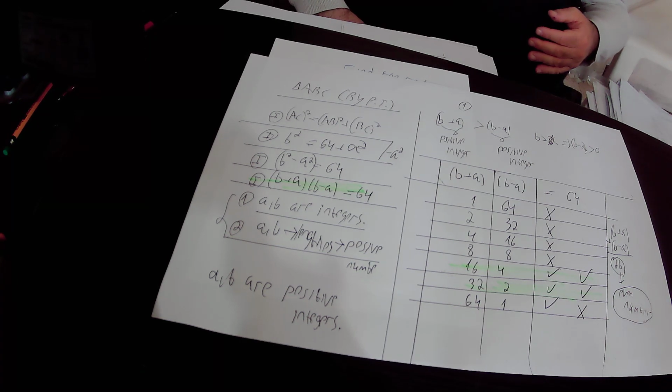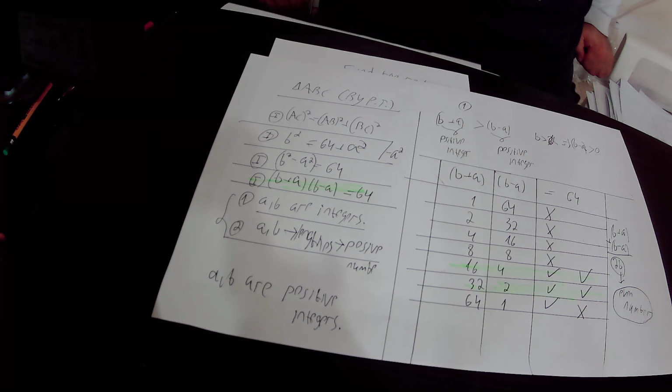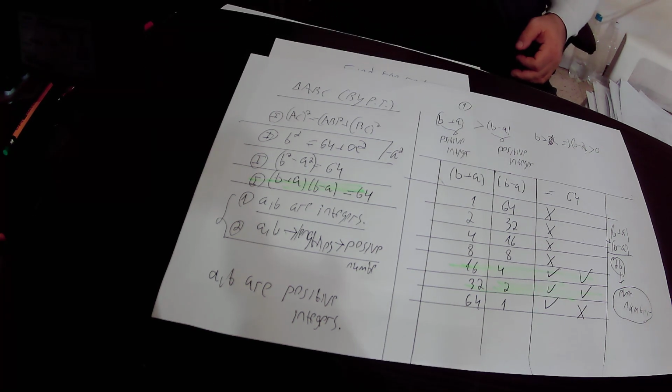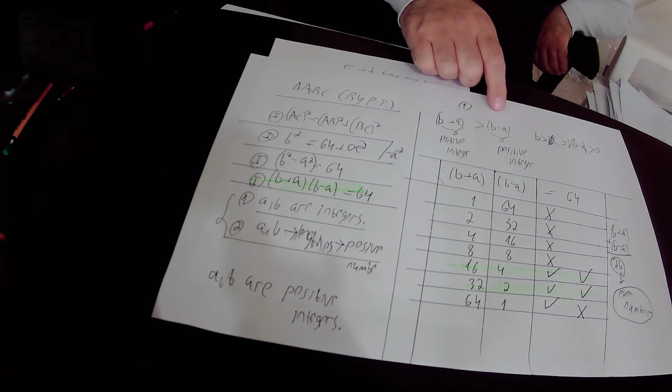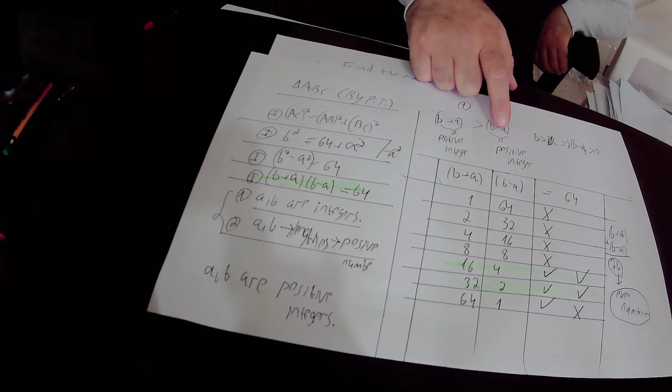But because b is a positive integer and a is also a positive integer, it means that b minus a, if it is a positive number, must be a positive integer. Okay, so in conclusion, we found out that b minus a is also a positive integer.